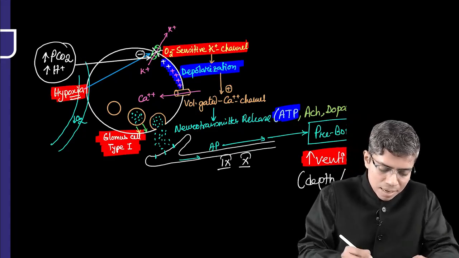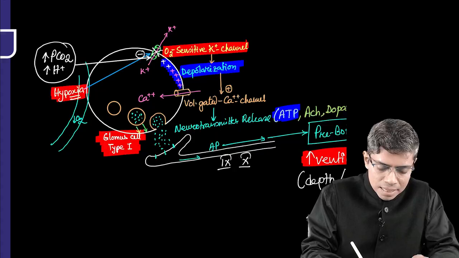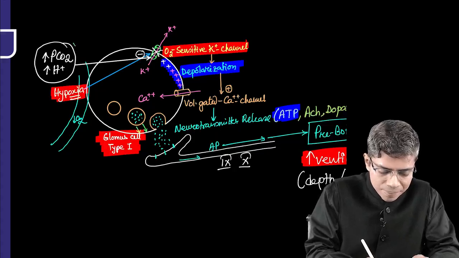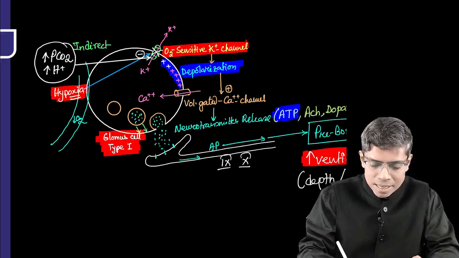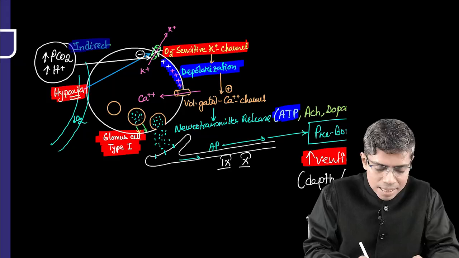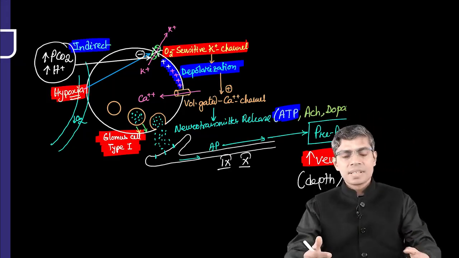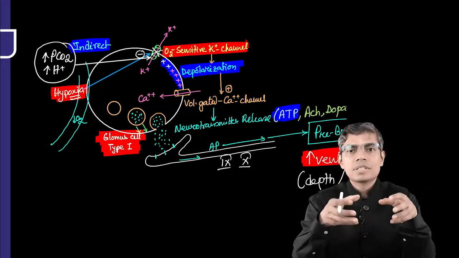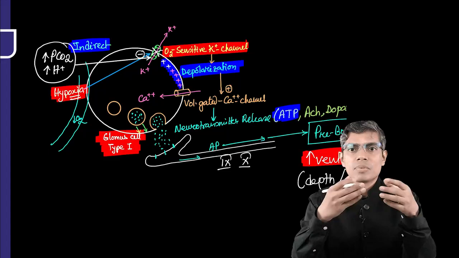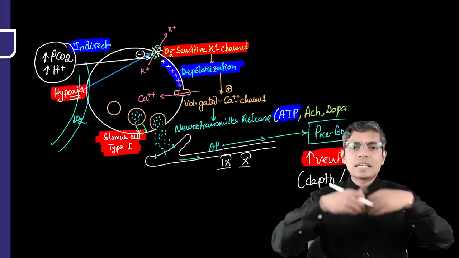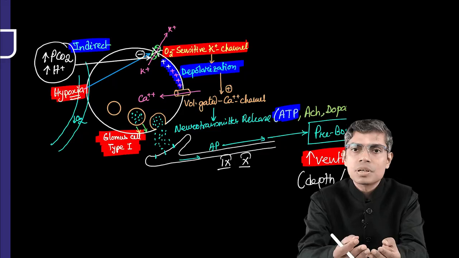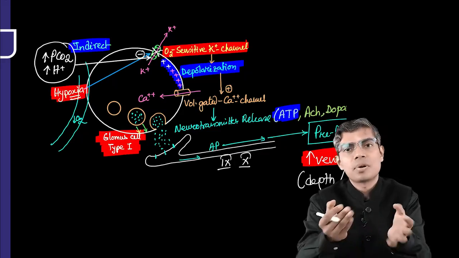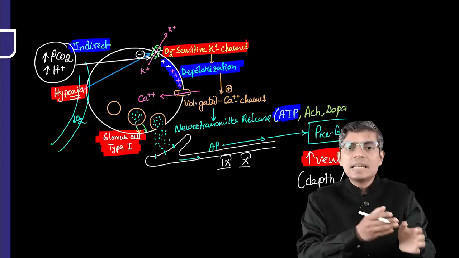But this is done by a certain indirect mechanism. What do you mean by indirect mechanism? It means hypercapnia and acidosis will activate or inhibit certain molecules present inside the cell in the form of second messengers, and those second messengers are ultimately going to cause closure of the oxygen sensitive potassium channel. That's why I said indirect.